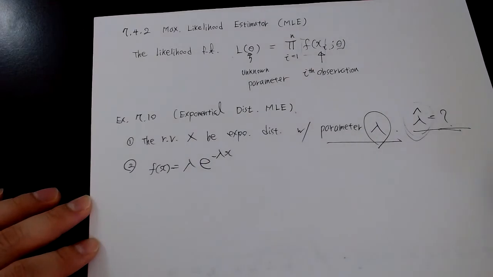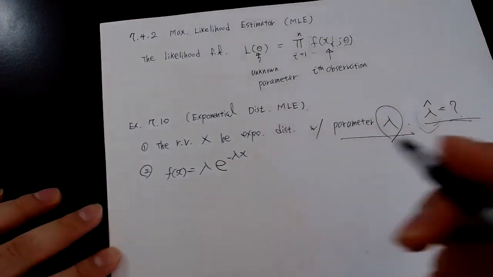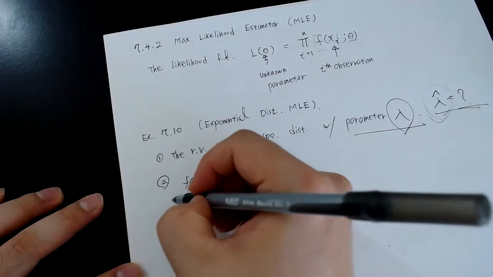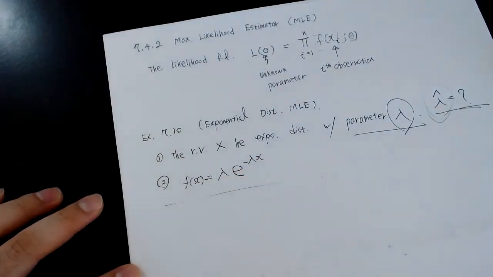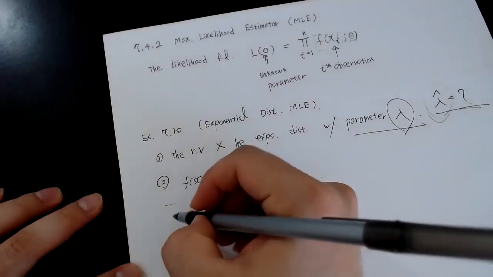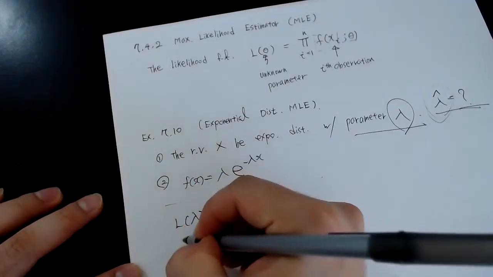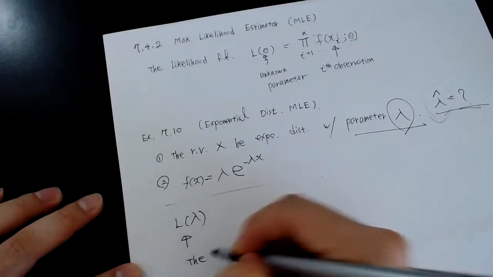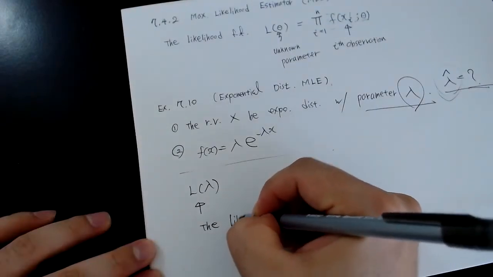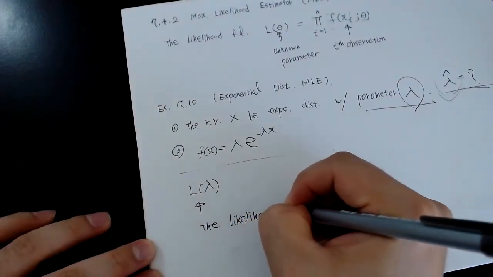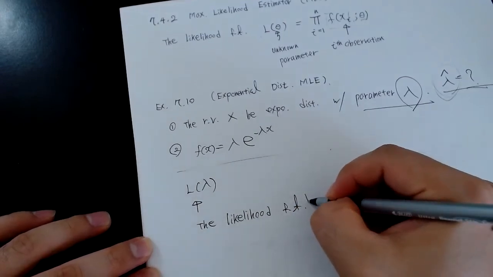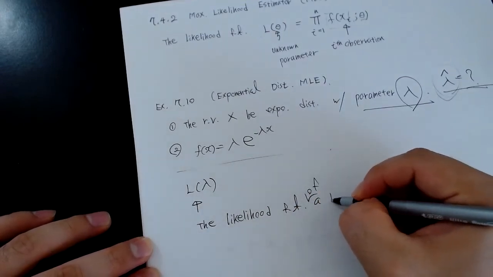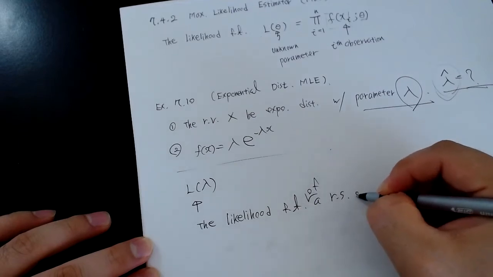Now we're going to construct the likelihood function, L of lambda, of a random sample of size n.